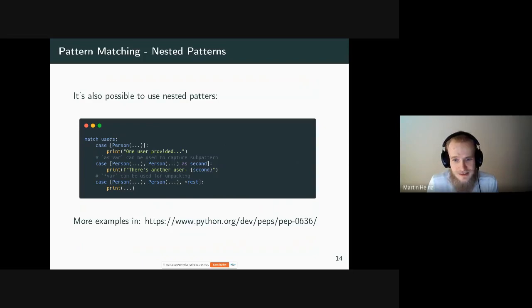So here in this reduced example, you can see that you can have a list of persons, and then you can even assign them to a variable with the as keyword, or you can even use unpacking with star operator, so you can grab the beginning or the end or middle of the iterable and get it into variable to work with later.